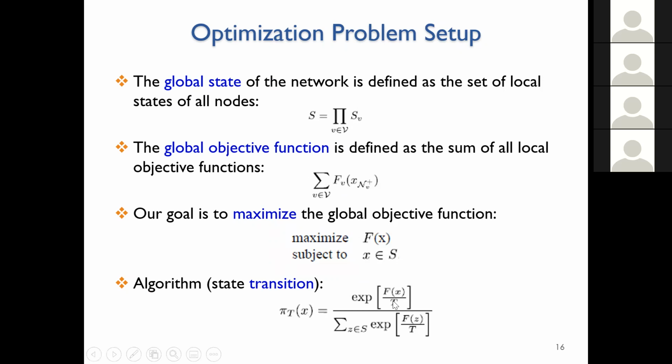You write your exponential function as mentioned earlier, using your objective function f divided by a constant we call temperature, or by annealing, you change it gradually. You divide it by this number, which is the sum over what you can configure for your node among all the possible states.